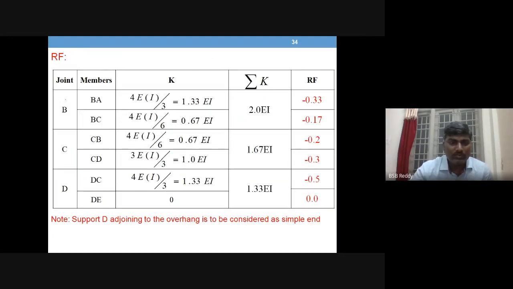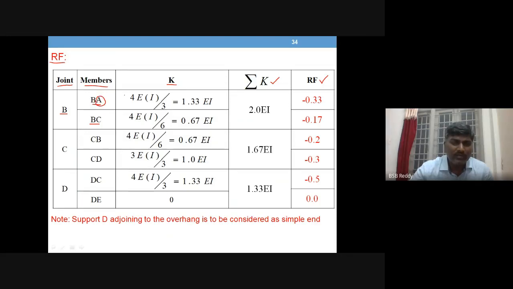Let's go to step two. Finding the rotation factors is very similar to the earlier sessions. So you make columns like joint name, member name, stiffness value, total stiffness at the joint, then rotation factor. Then joint B has two members, BA and BC.